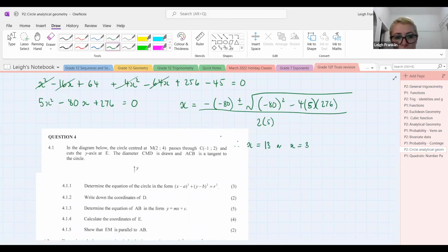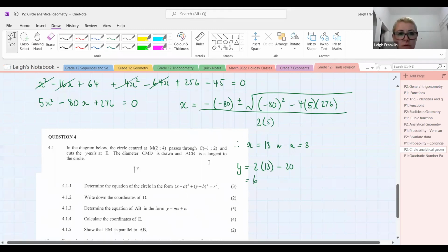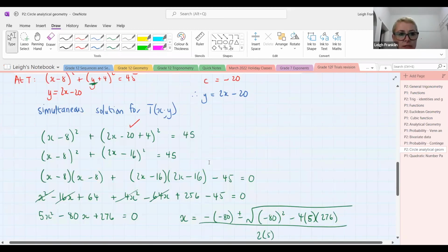Now when we want to work out what y is equal to, it would have to be 2 times 13 minus 20. So 6. Okay, 13 and 6.